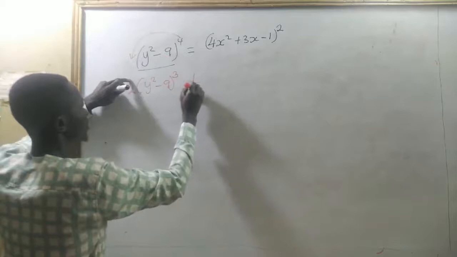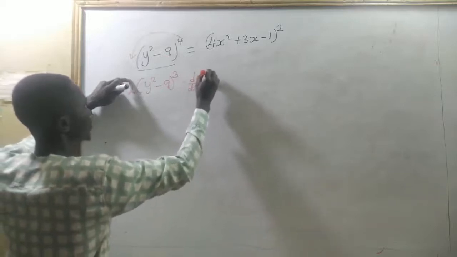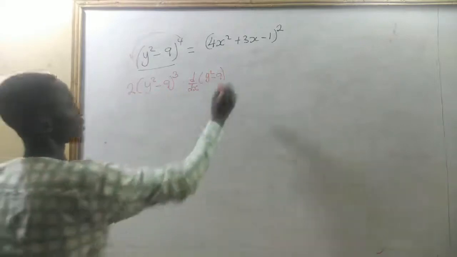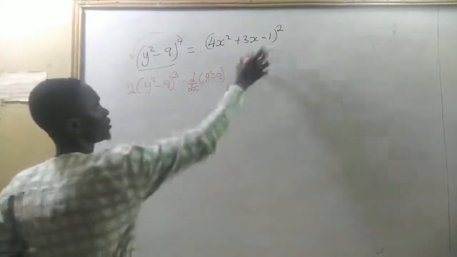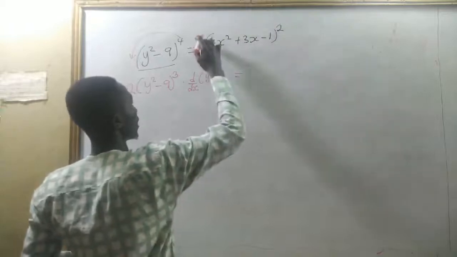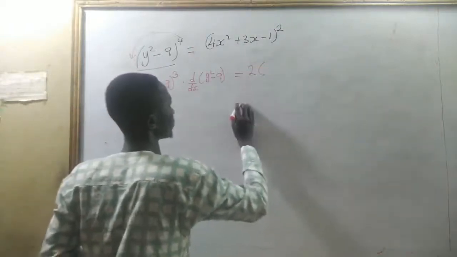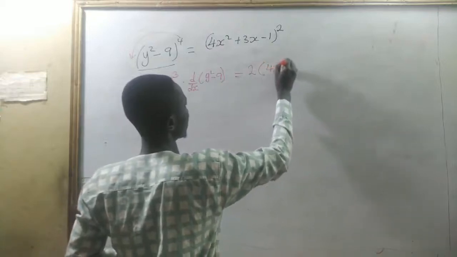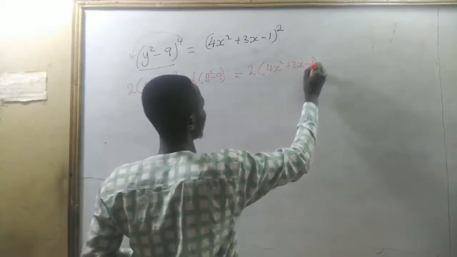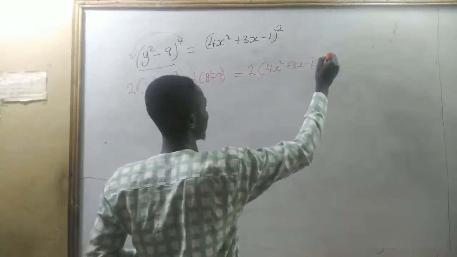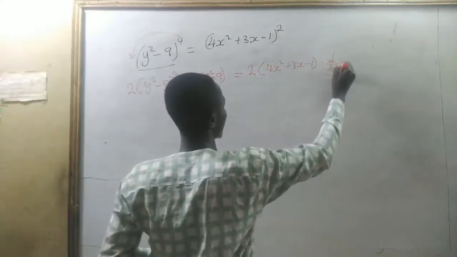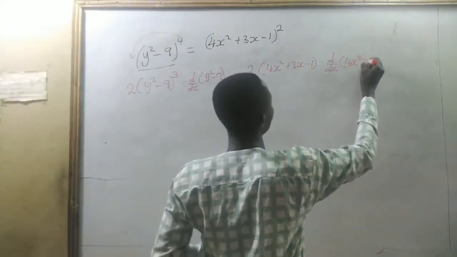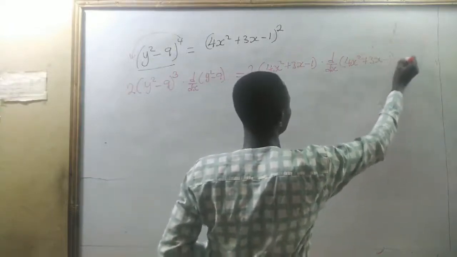So we're going to differentiate y squared minus 9 with respect to x, and this is equal to, using the same chain rule, 2 times the original function inside, 4x squared plus 3x minus 1. Then subtract 1 from this to get 1, times the derivative of 4x squared plus 3x minus 1.